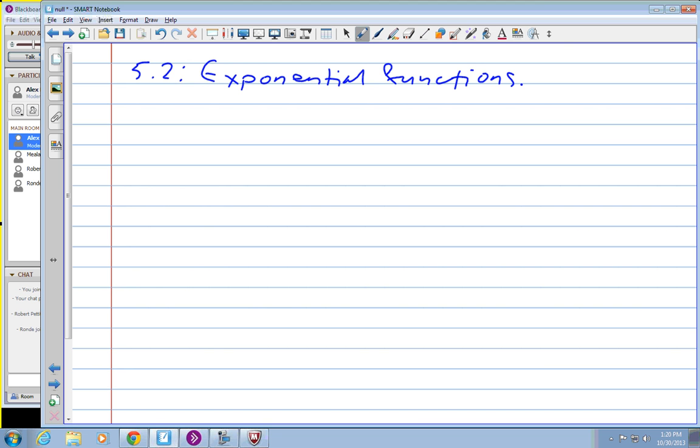So a definition of an exponential function is f of x equals a to the power x. So a is a constant, x is a variable. So a is a real number. So a is a constant.